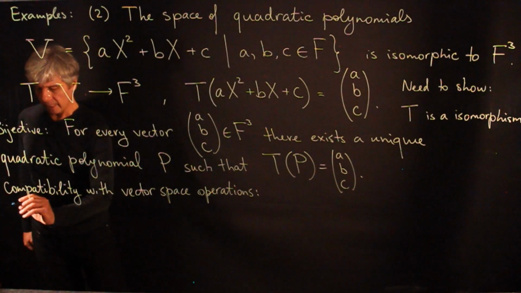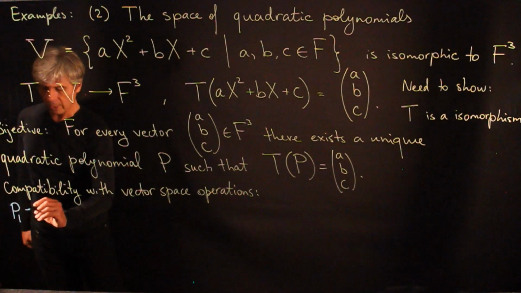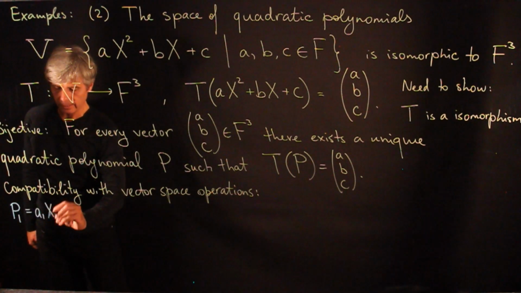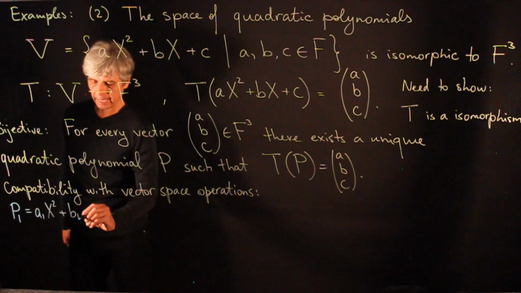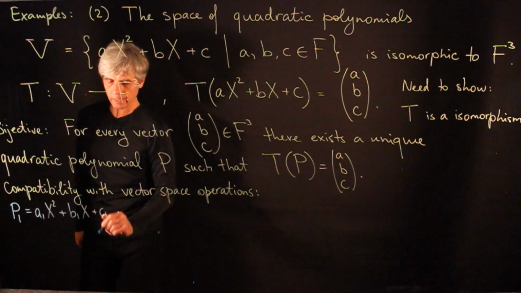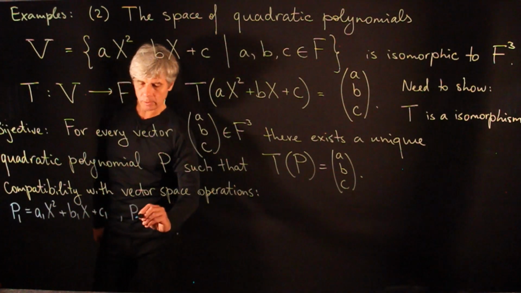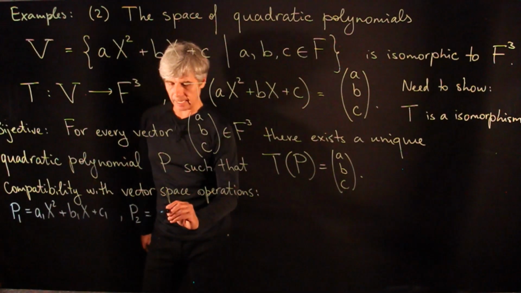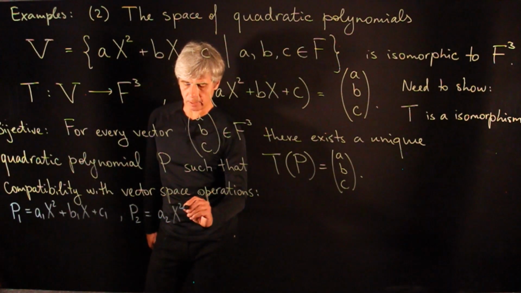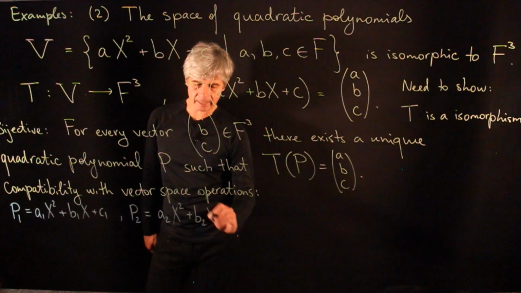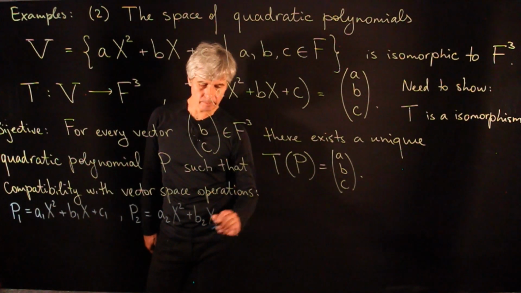So here we take two polynomials, P1, which is a1x squared plus b1x plus c1, and P2, which is a2x squared plus b2x plus c2.